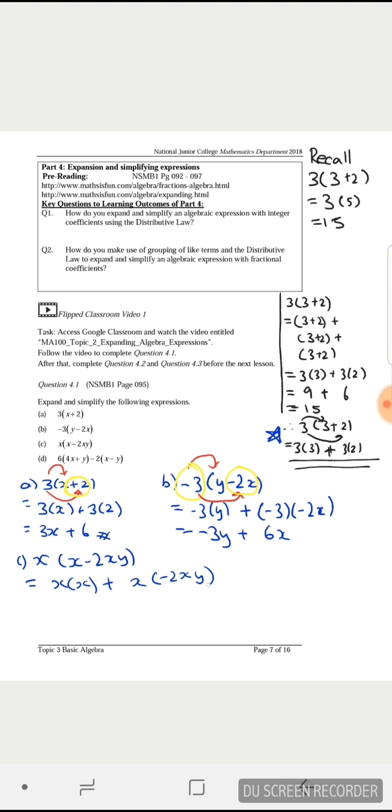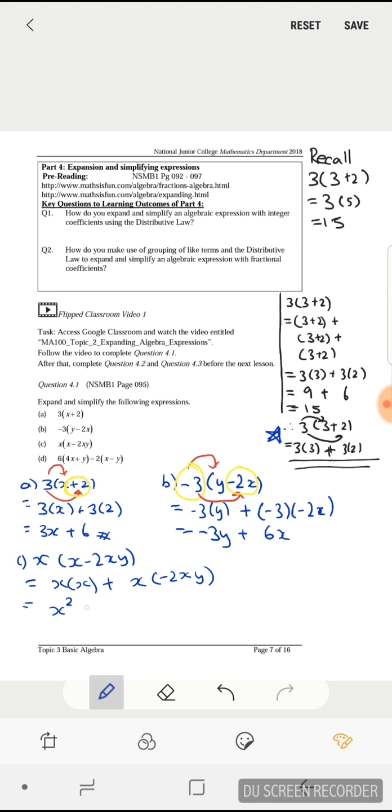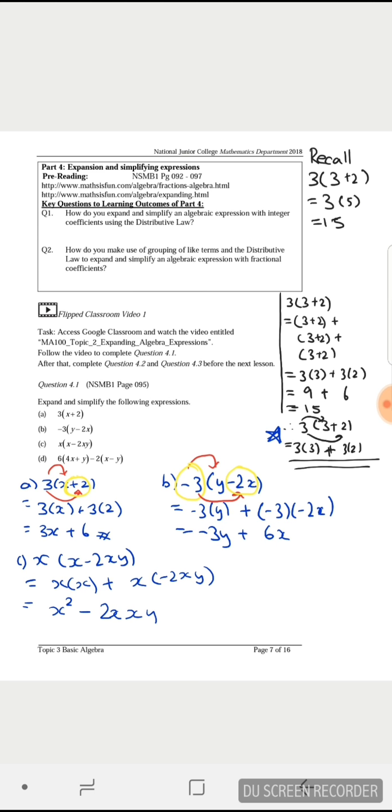So always pay attention to the sign that's given. From here, x times x, what do you get? Good, x squared. And then from here, x times negative 2xy, positive times negative gives you, good, negative. So this is not plus, it's a minus 2x times xy.